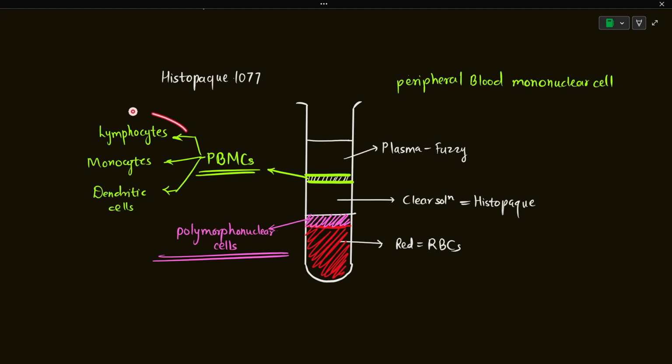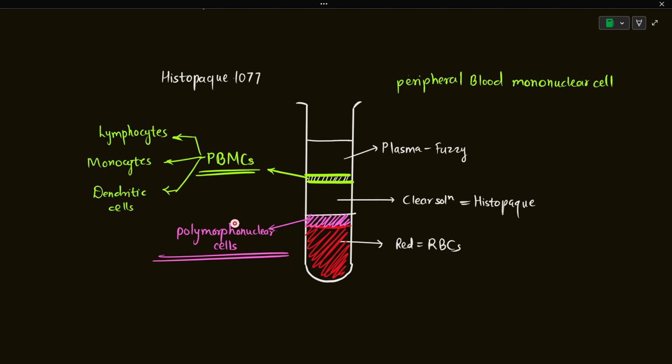Because they have lymphocytes, we can separate the B cells and T cells from this portion, right? The major fraction, about 70% of the PBMCs, is lymphocytes, while the layer between the histopaque and RBCs is known as polymorphonuclear cells, and those cells have the granulocytes.